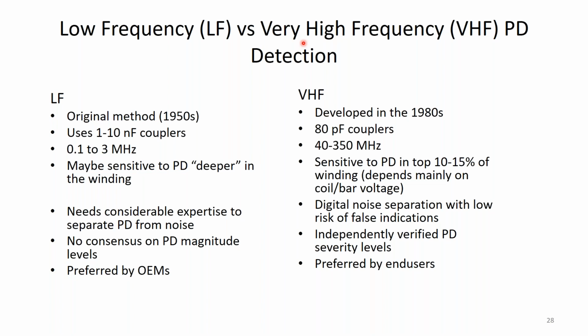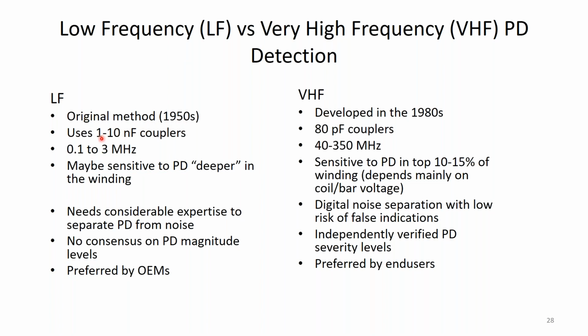As I said, we're one of the few folks who make both low frequency systems and VHF systems and sell them to the market. We don't really have a commercial bias there, but I can give you some certain things with the low frequency methods. Of course, they're really the original methods going back to the 1950s.